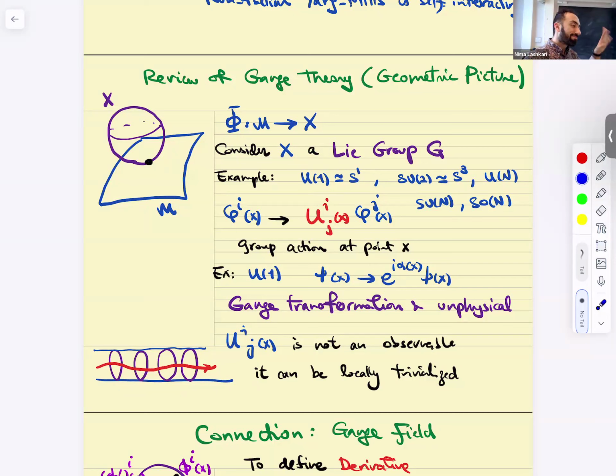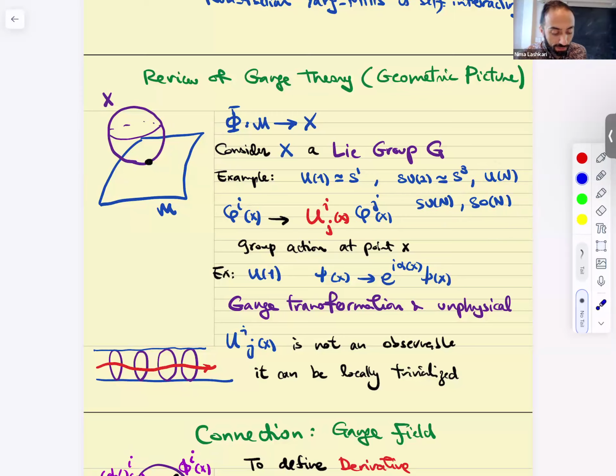SU(2) is S3, a three-dimensional sphere, up to some subtleties. There's U(N), SO(N) and SU(N) that we discussed in detail as classical gauge theories in part 1 of the course, if you recall. We discussed how the representation theory of all of these are related.